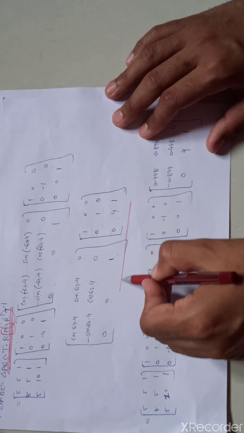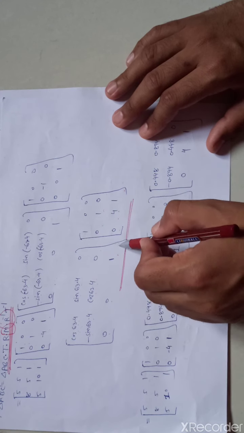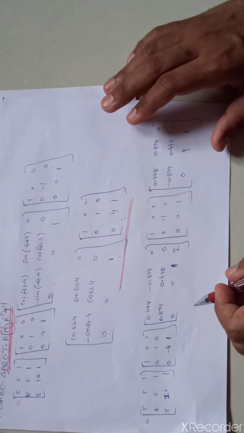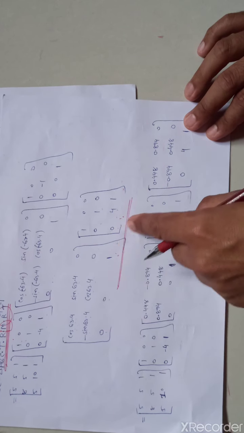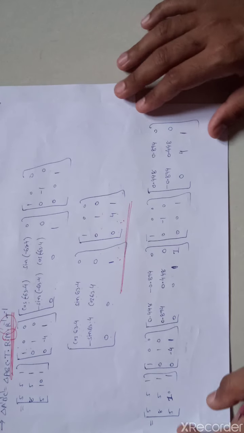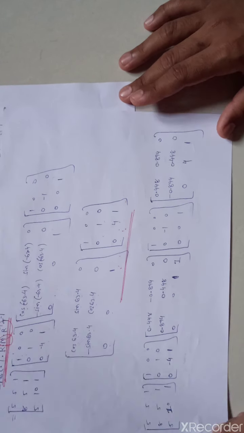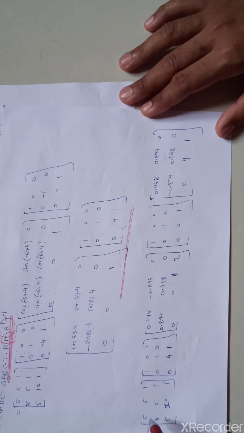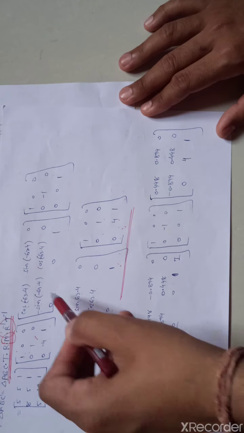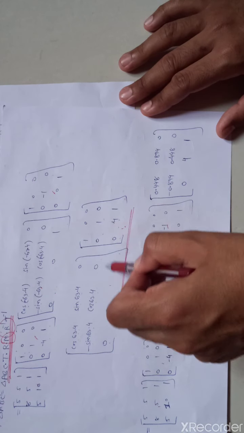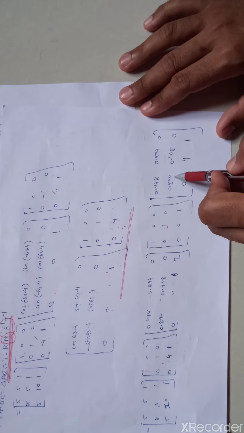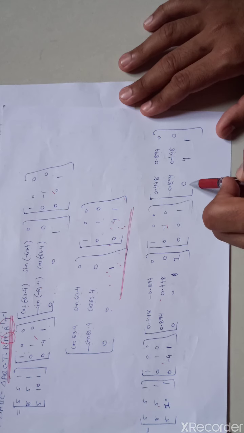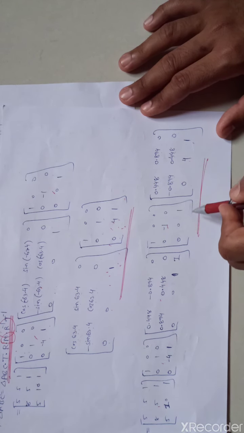Now first of all we multiply these two matrices. Both these matrices are 3 cross 3. So first of all we write down all the matrices, and the multiplication of these two matrices is given by 0.448 0.894 0, minus 0.894 0.448 0, 0 0 1. Now we multiply these two matrices. These two matrices are also 3 cross 3, meaning 3 rows and 3 columns.